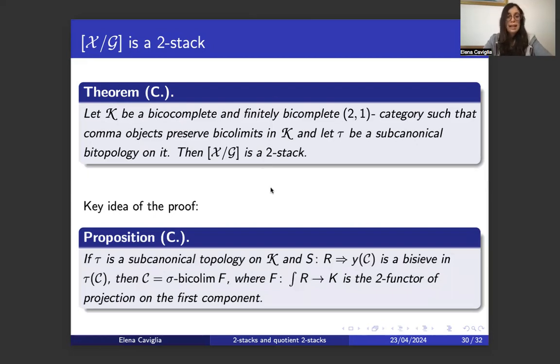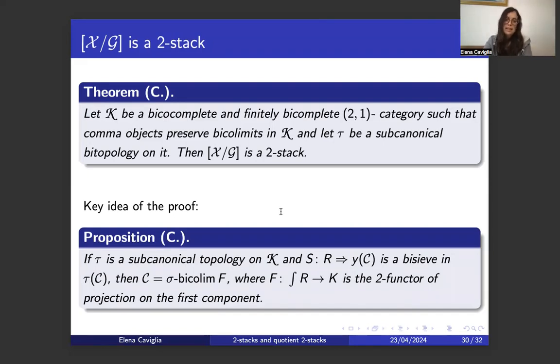And here, the key idea of this proof is a higher dimensional version of the idea that we saw for dimension 1. So in dimension 1, we had that every object can be seen as a colimit of every covering sieve over it.